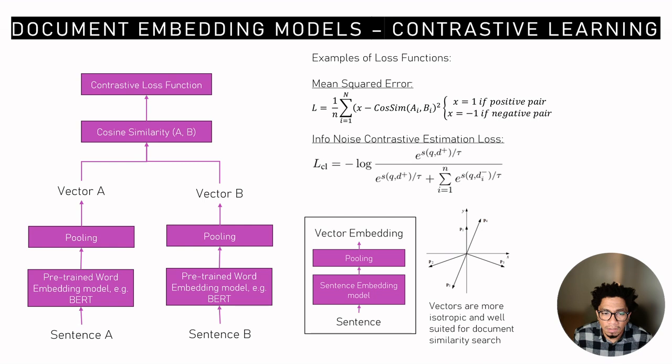And vectors are now more isotropic, so they go in various directions, and they're well suited for document similarity search. So this is a technique that they apply, which performs better than the naive model that I just went through. So yeah, hopefully, you now understand text embedding models or document embedding models or sentence embedding models. These are terms that tend to be exchanged.